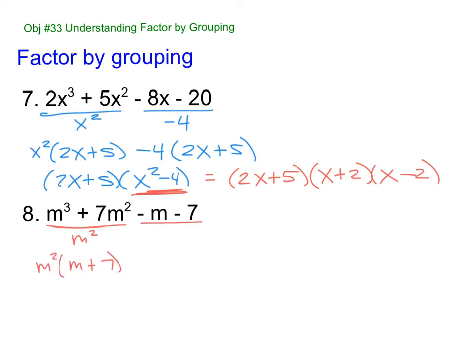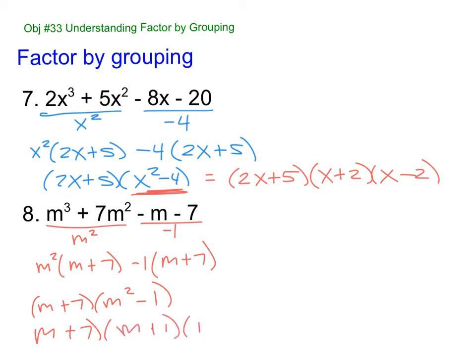Now over here, my GCF is negative 1, because this only works when the binomial is exactly the same. So we get m plus 7, m squared minus 1, and then again, just like before, m squared minus 1 is the difference of two perfect squares, m plus 1, m minus 1. That's it.